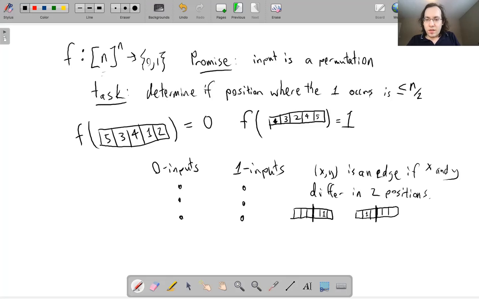And because they disagree in only 2 positions, one of those positions will be this one here, and the other one must be this one here. So they must agree on all the rest. Like 2, 5, 6, 3, 2, 5, 6, 3.